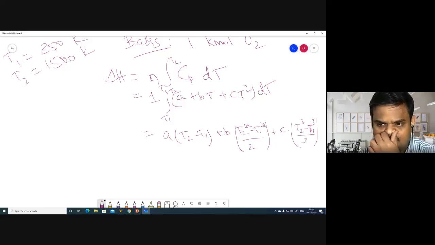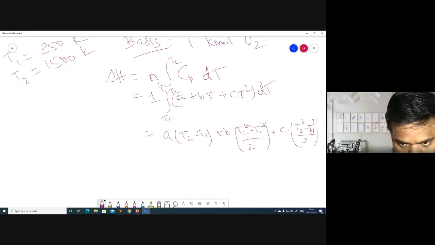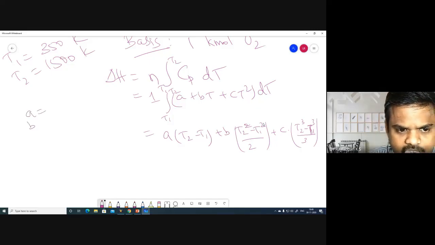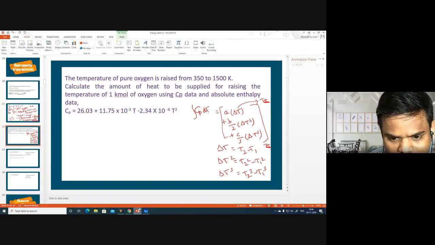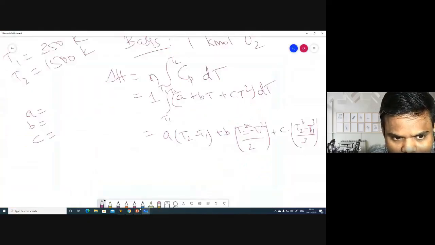This is what we get in the general form. From the given question we can write what A, B, C, T1 and T2 are, and substituting we get delta H. So what is our A value? Refer to the question. A is 26.03.